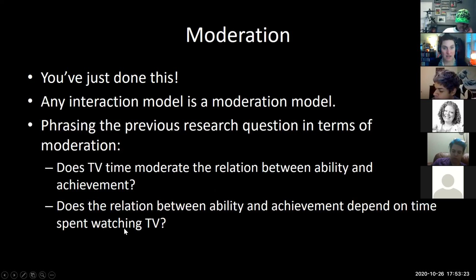That is all I'm going to say about moderation because you already know how to do it. You literally did a moderation for homework 7. That's what it was. What you haven't done is use the PROCESS macro to explore the moderation, which should be what you get to do in lab tomorrow.